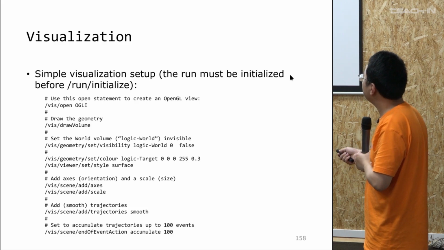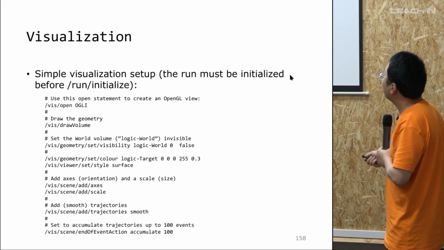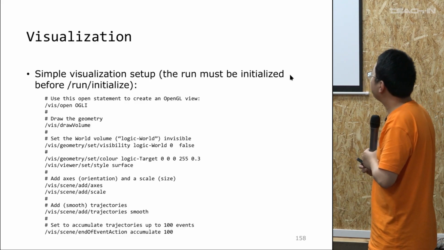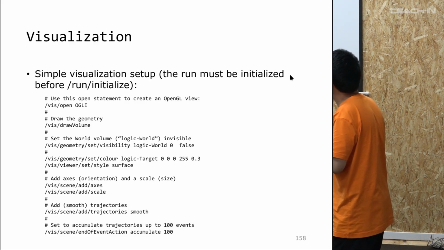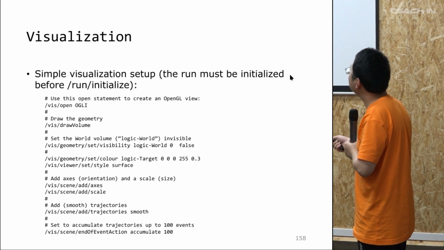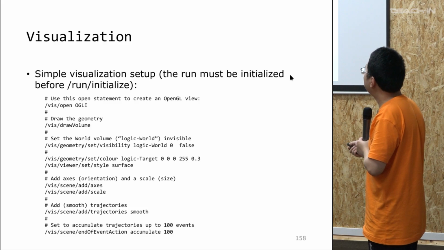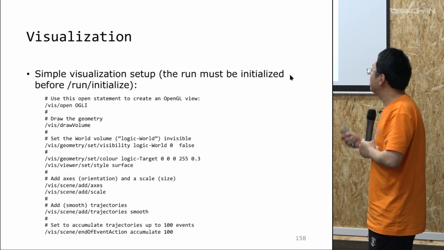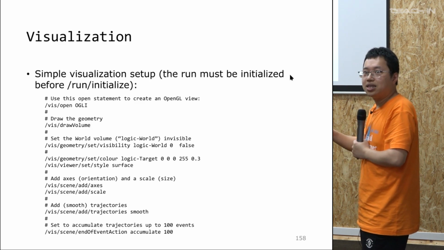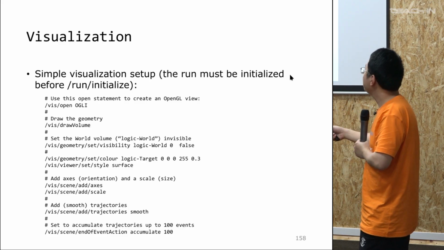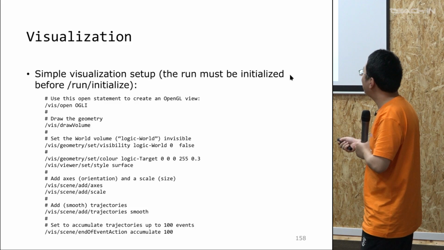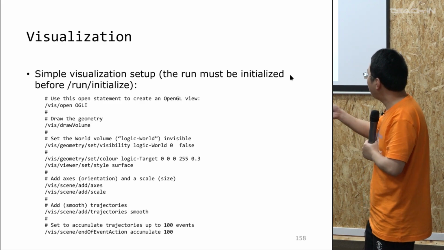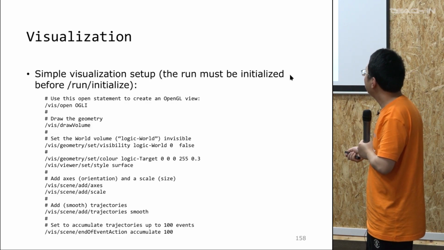And this is the macro file used to initialize the GUI. For example, you first have to open the OpenGL view, and you have to draw the volume. Then, if your detector is very complicated, maybe you want to hide something and display just one component. You can use this command to set the visibility. You have to specify the name and also the level, so how many levels you want to disable or enable this volume.